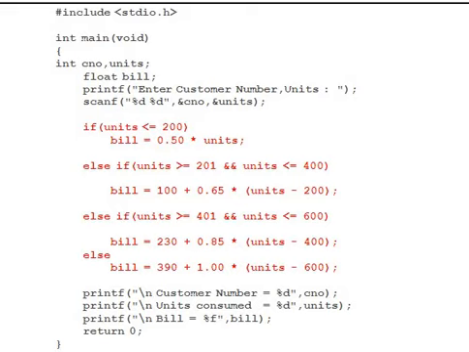Category 2, category 3, and minimum charges. Try to write a program based on your electricity bill. Go through all the conditions and try to write a complete electricity bill program.